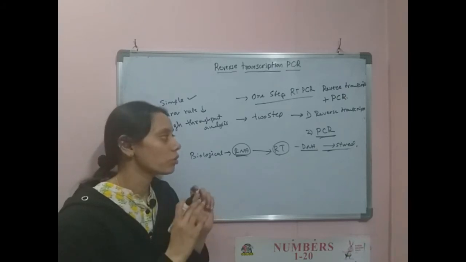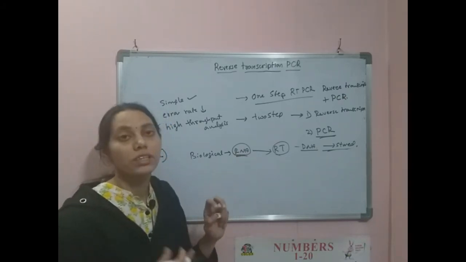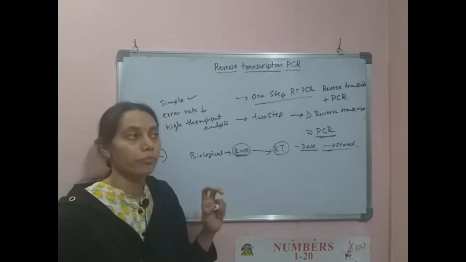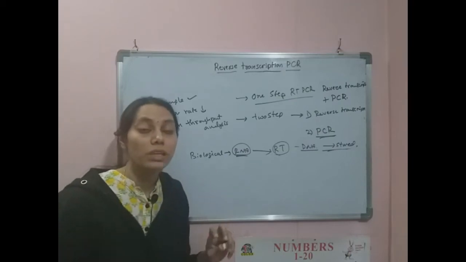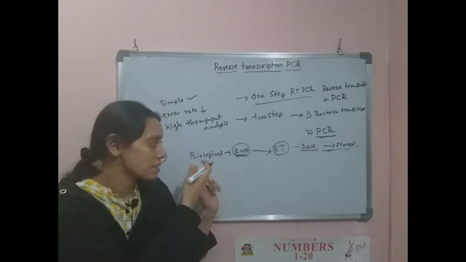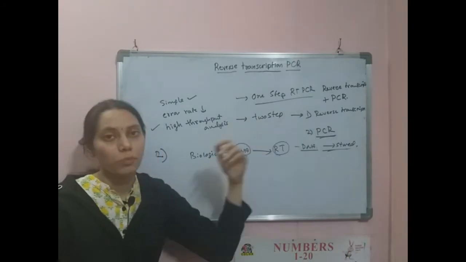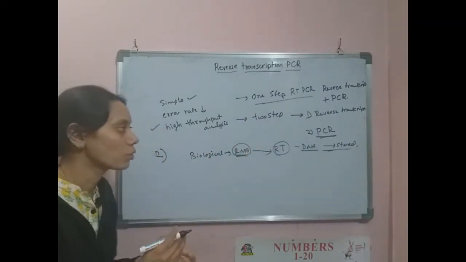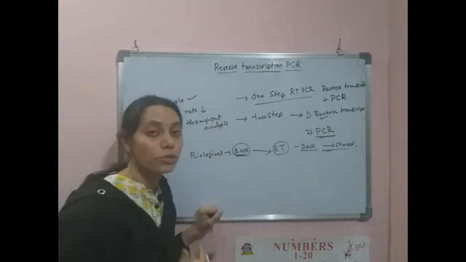If we want to analyze it in a variety of ways, using different genes, if you want to do different analyses using a single sample, then it is better to use this two-step analysis, so that the product from reverse transcription can be used.